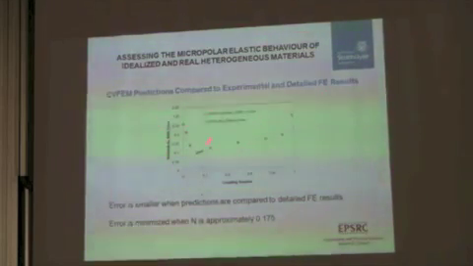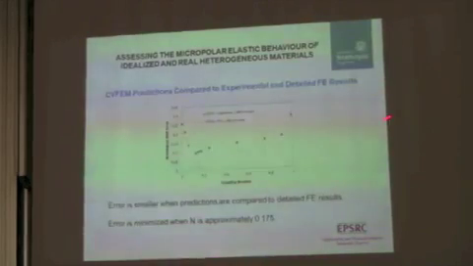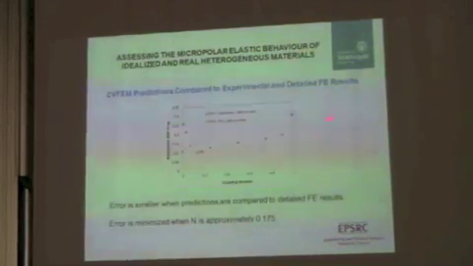As we traverse the allowable range of coupling number, we get a minimum. That minimum gives us the best match between our predictions and our experimental data, and that must be the appropriate value of coupling number. You'll notice there are actually 2 graphs here, because we've compared our predictions with our physically measured experimental data and also with our numerical finite element generated data.